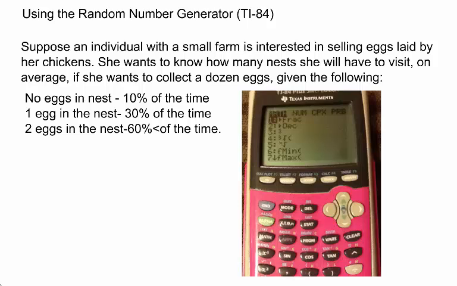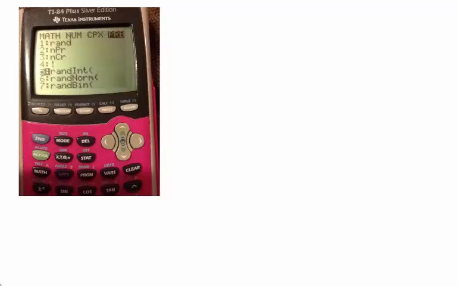We start by pressing the math key. Then we're going to use the right arrow to get to the probability menu. Once there, we navigate to option 5 for random integers.